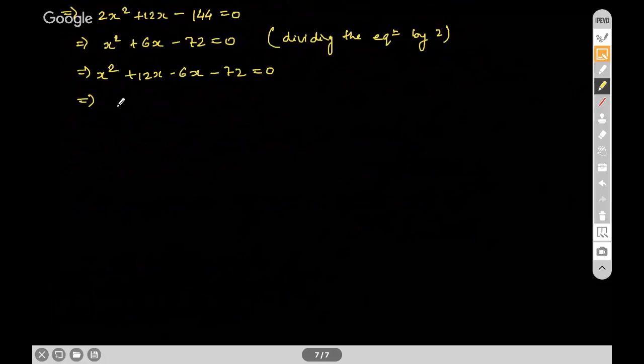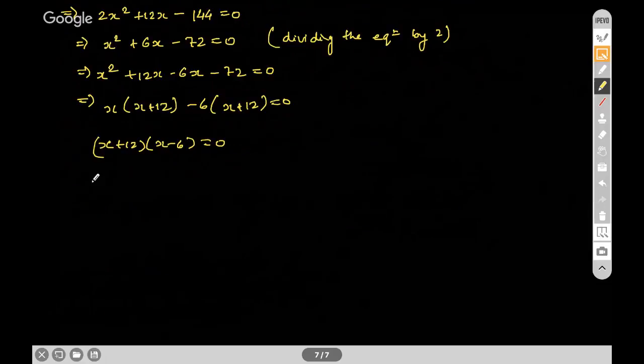If you now take common, this is x plus 12 minus 6 times x plus 12 equals 0. So this is x plus 12 into x minus 6 equals 0. So hence, my dear friends, x is equal to negative 12 or x equals 6.